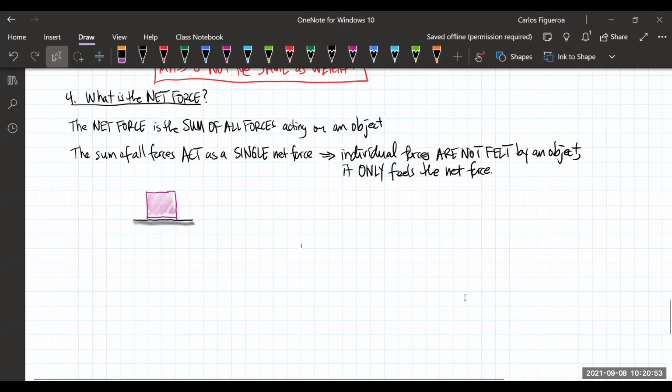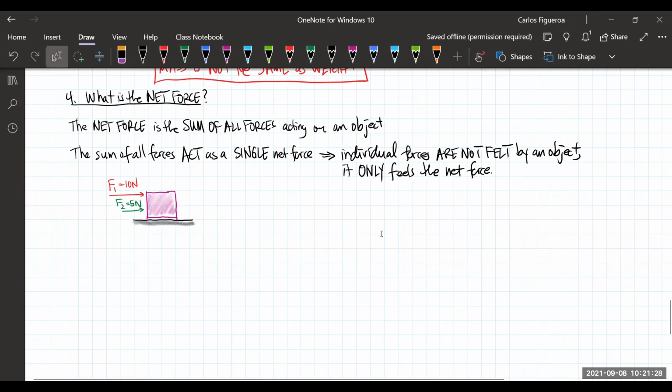I'm going to have 2 different forces acting on this block. Let's say this force here is F1, and this is 10 newtons. Then I have a second force, F2, which is 5 newtons. So what does the net force mean? It means that all of these forces now act as one.